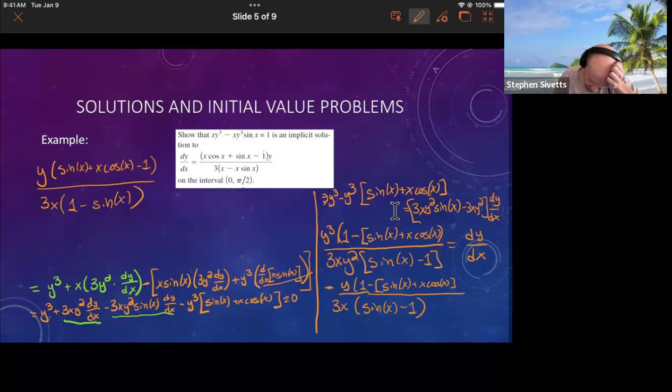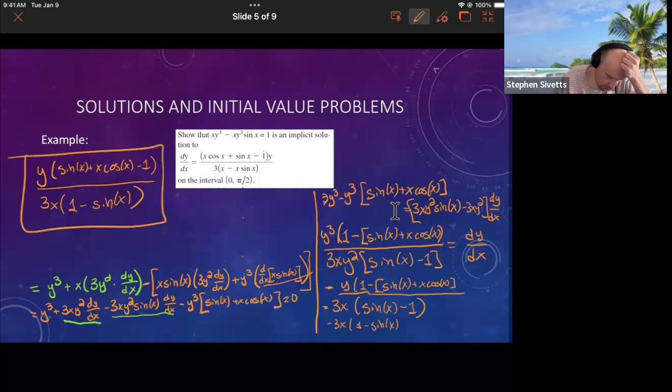If you factor out the minus sign in the denominator, so this is minus 3x and then 1 minus sine x, and then just multiply the negative sign in the numerator, you'll get the solution that we want. Okay, so that's one way of approaching it. So that's one way to arrive at a solution.